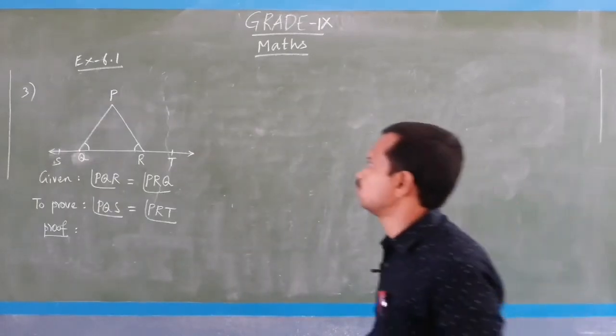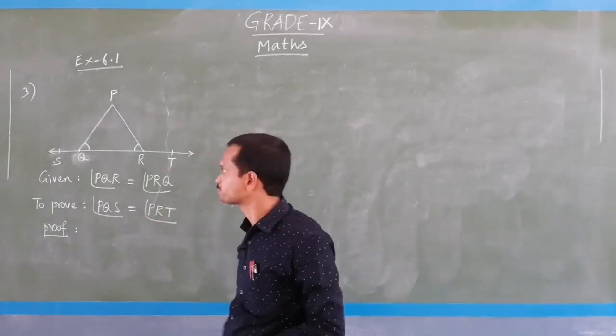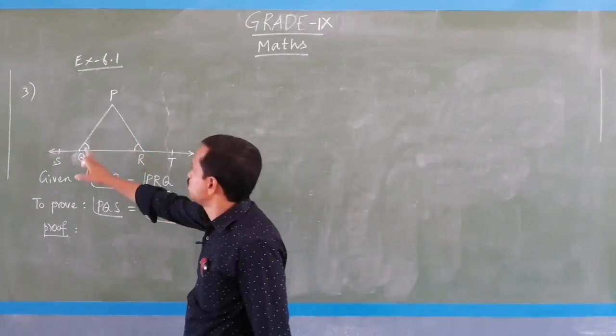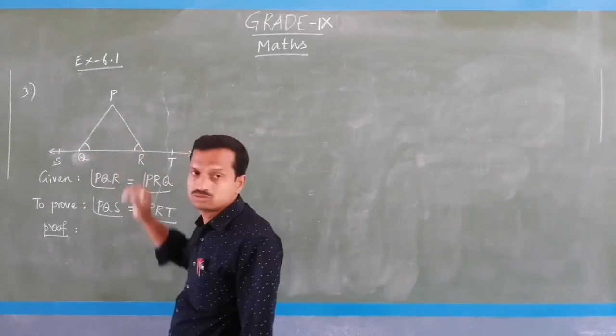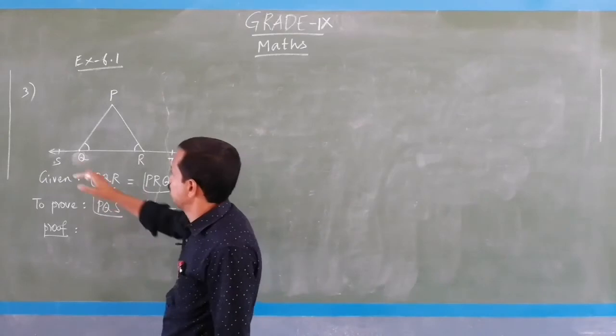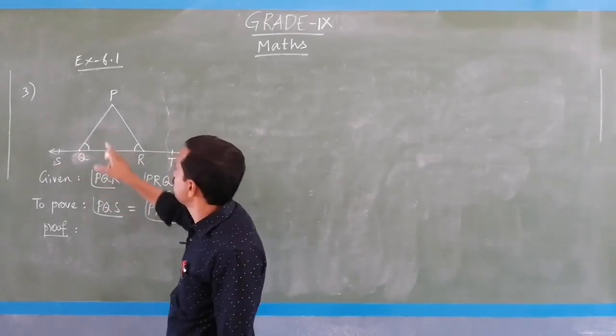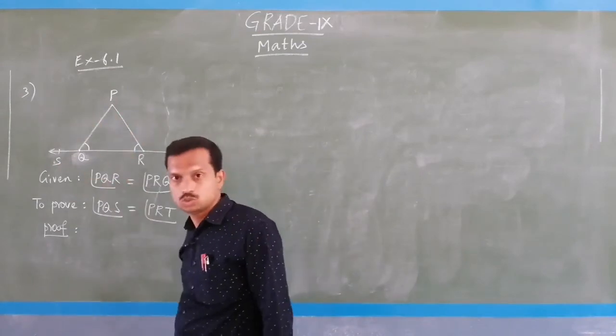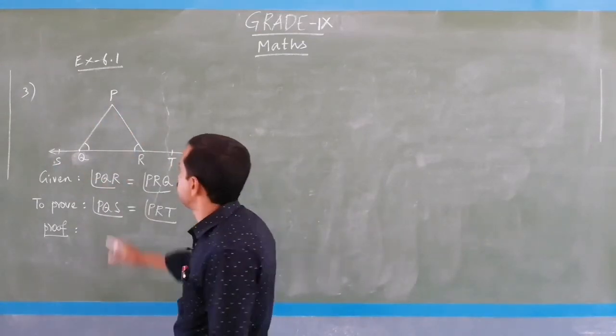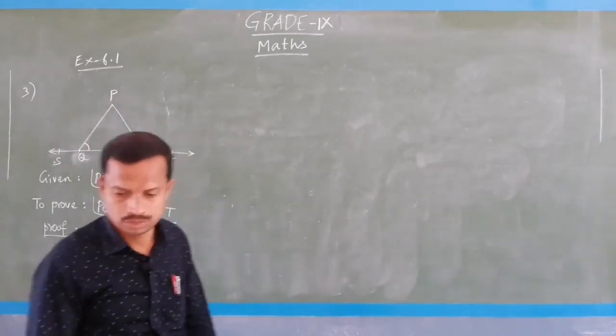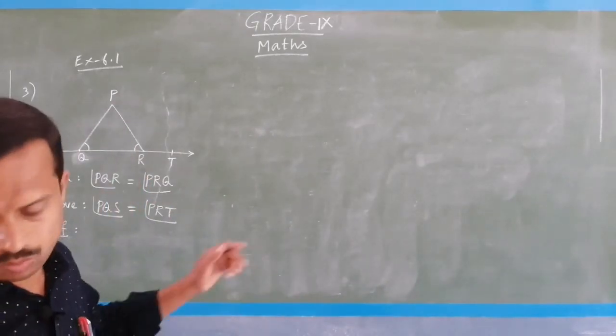So, now coming to question number 3. PQR looks like a triangle, but ST is a line and QP and RP are the two rays standing on it, they meet at P. So, like that it is given in the diagram.